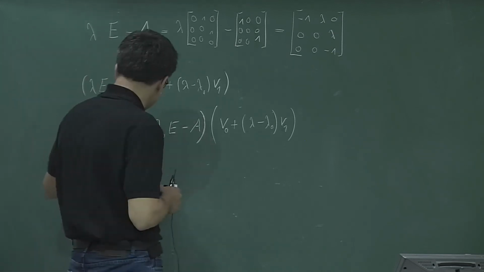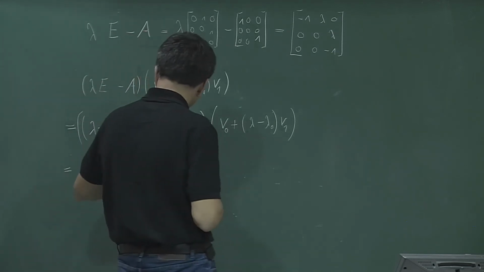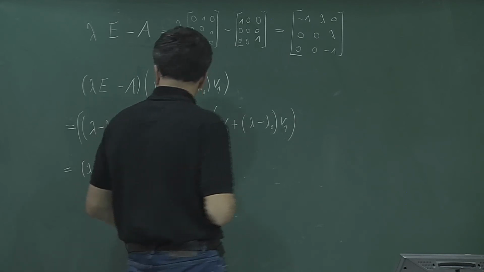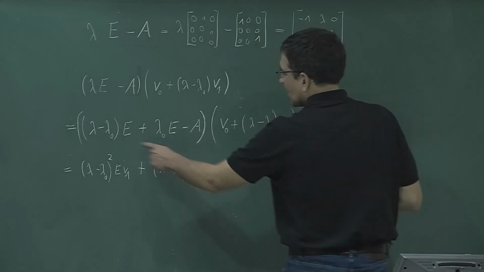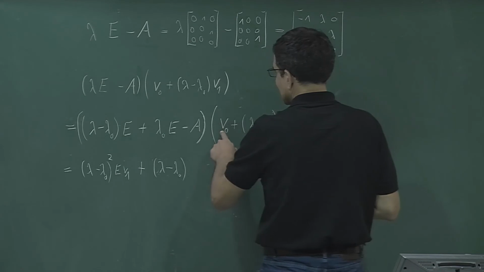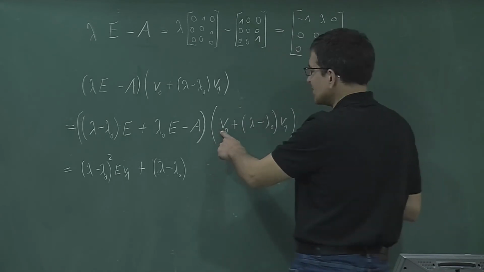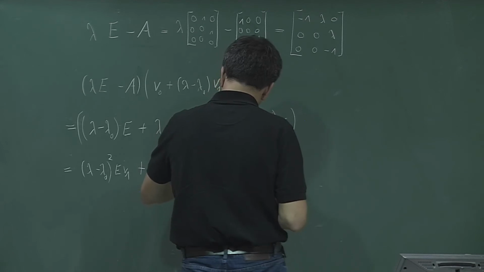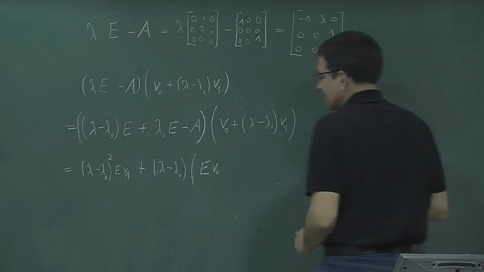Then we also have a linear part: lambda minus lambda 0 times E times v0, plus lambda 0 times E minus A times v1.